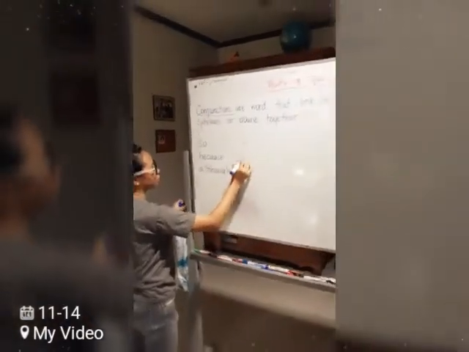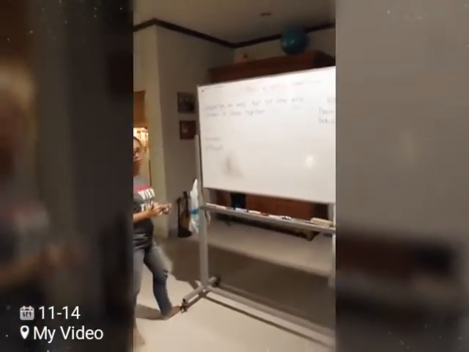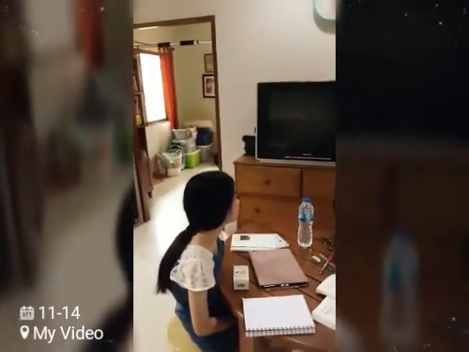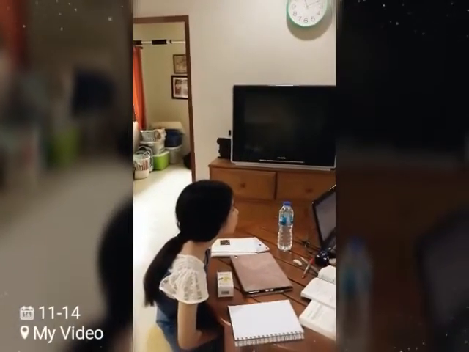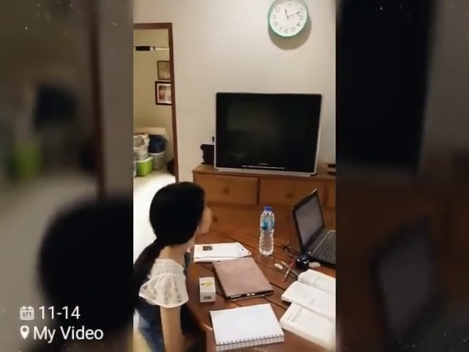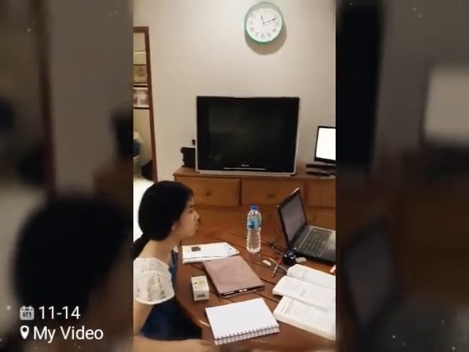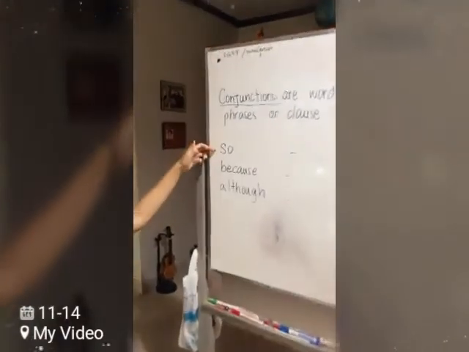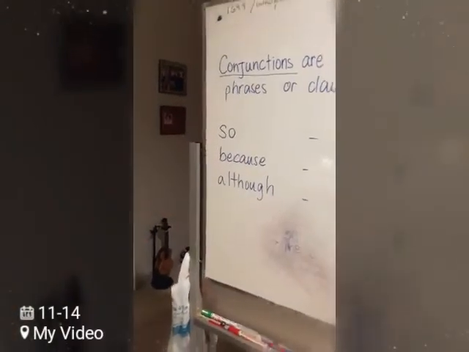Okay, just only 3 for today, so you will not forget them. Actually, there are a lot of conjunctions, Tina, but today I'm just going to give you 3. We are going to focus on these 3 conjunctions: so, because, and although.